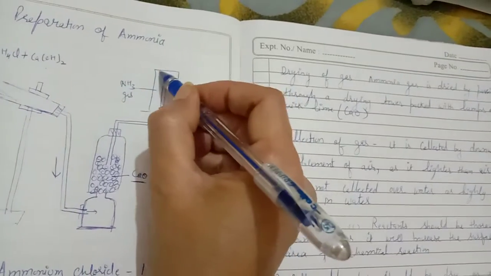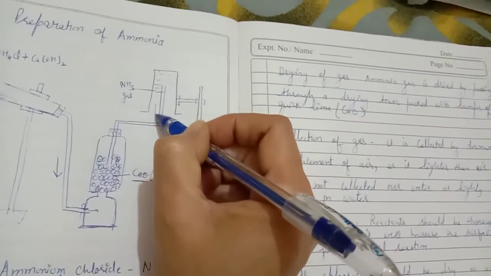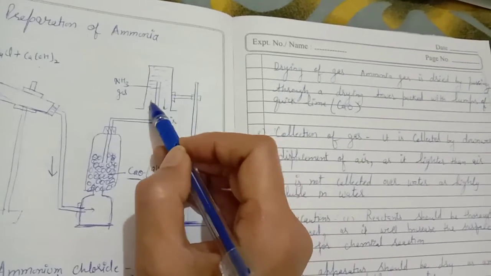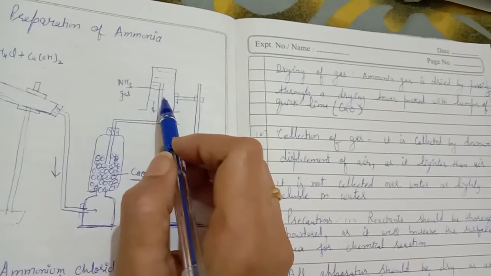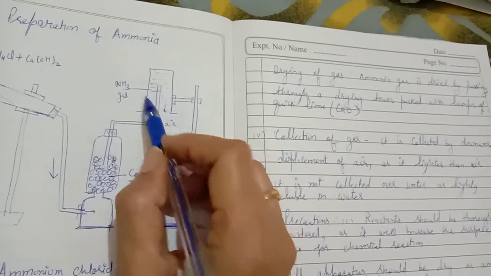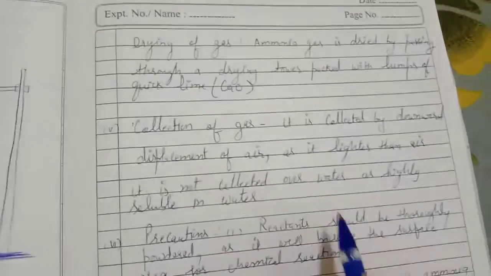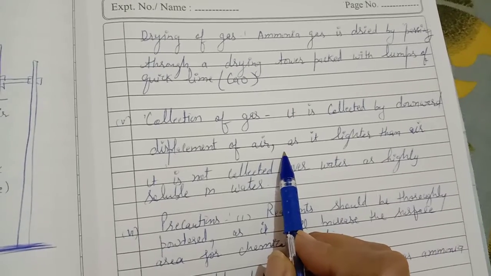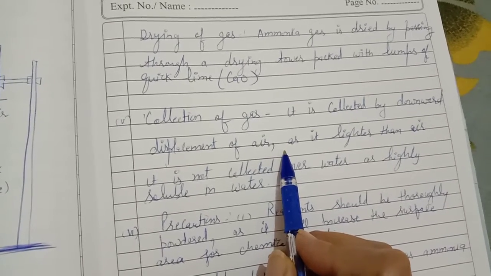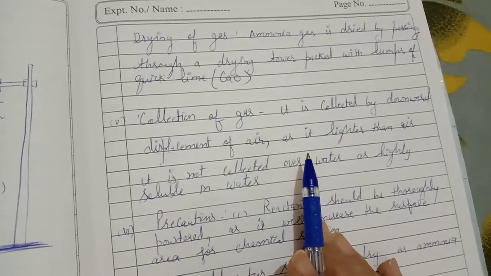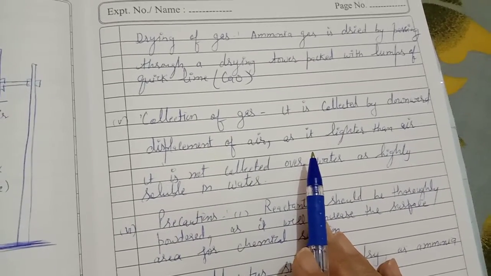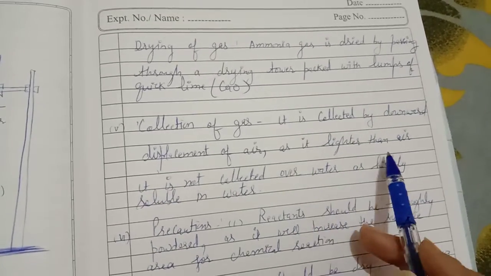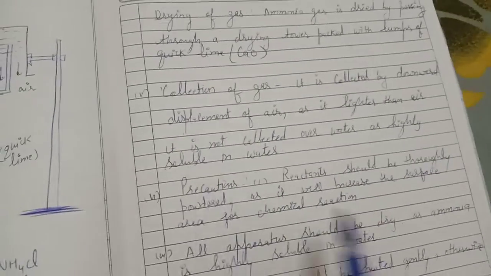The ammonia gas will be filled like this and the air will move out, because ammonia is lighter than air. Downward displacement of air takes place, and the upward displacement of the gas takes place. Both you should know.